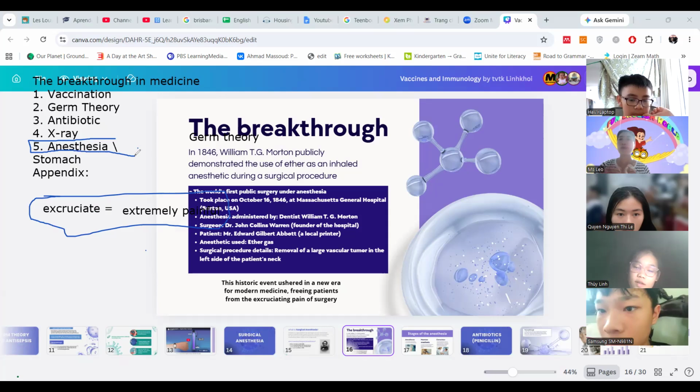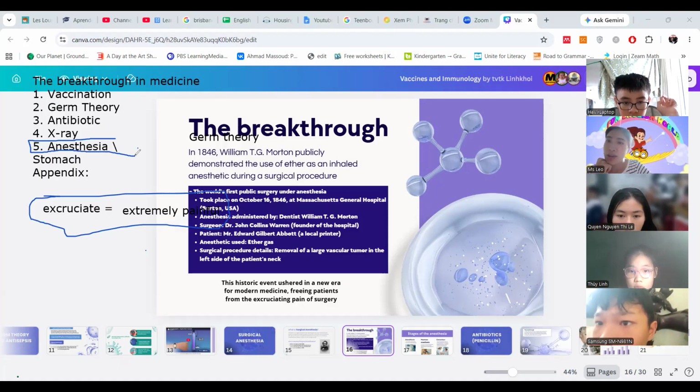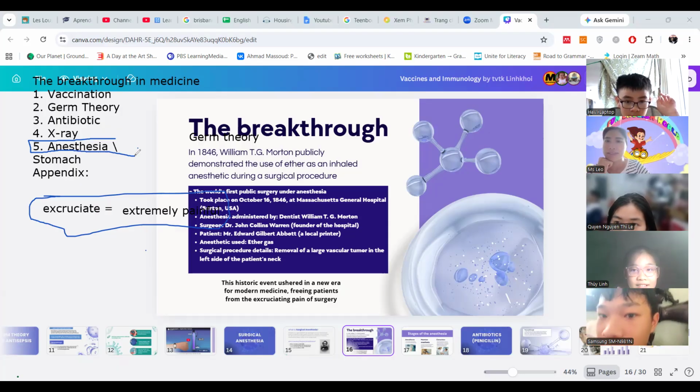Maybe you were young, the amount was less and the time was short, so you didn't have a strong effect yet, but it accumulates.